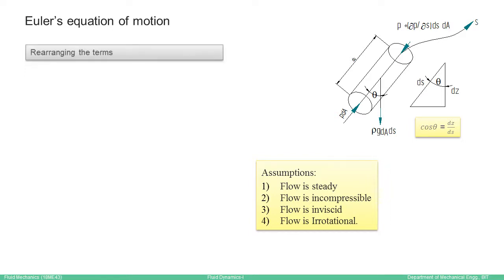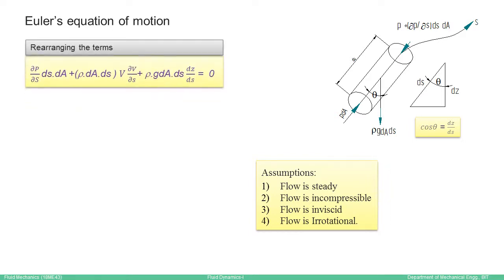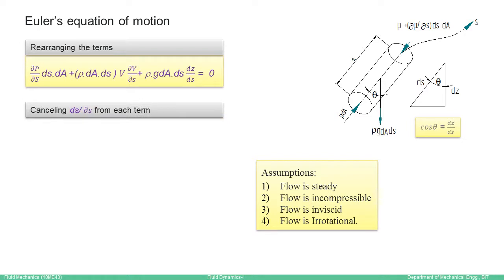So carefully rearranging the terms, we can have this equation, and then considering ds by dou s in each term and cancelling them, we have dou p dA plus rho dA v dou v plus rho g dA dz is equal to 0.